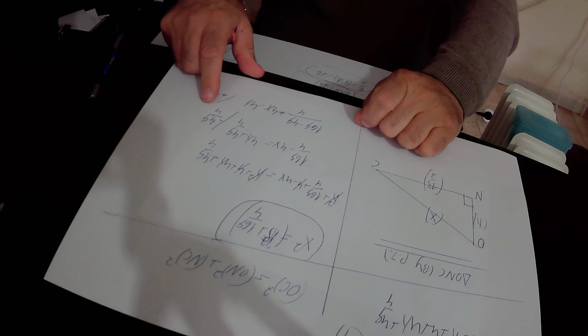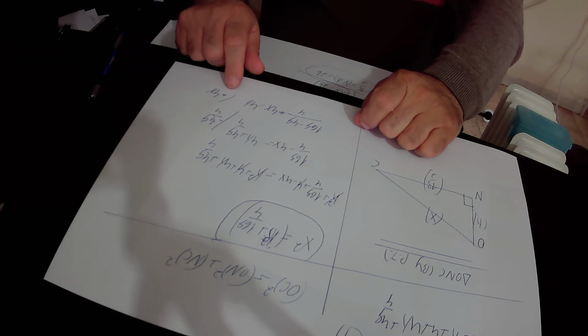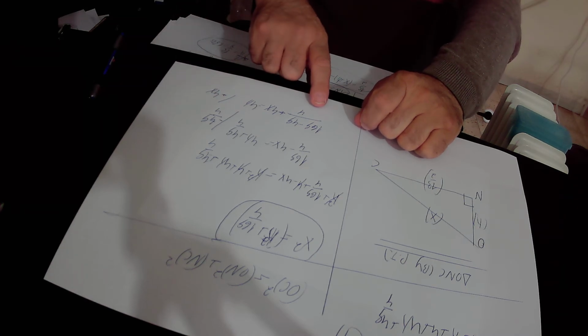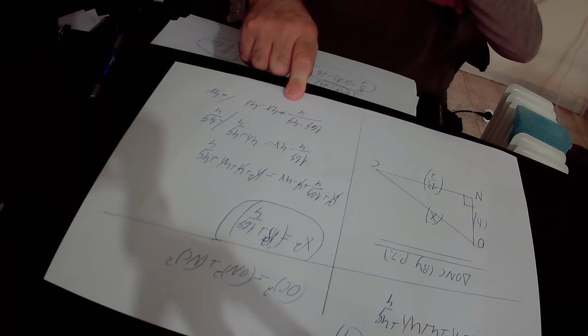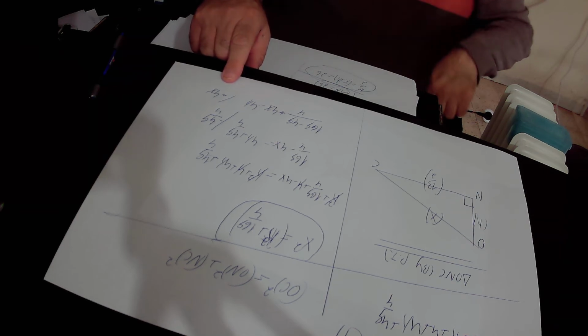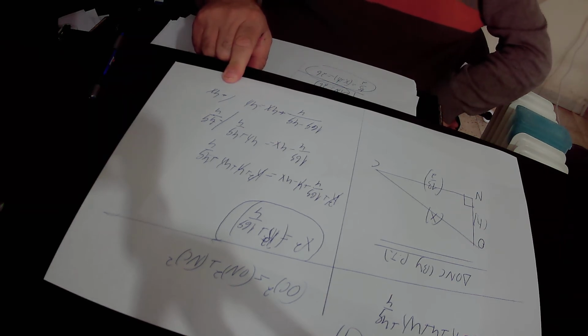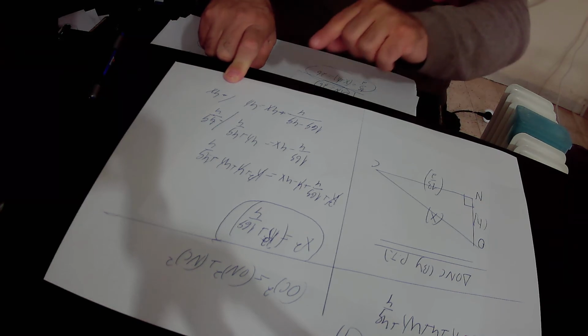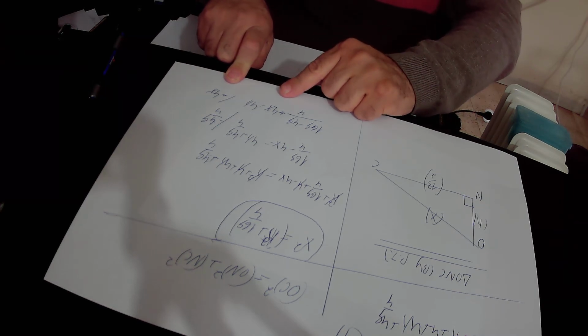We subtracted 49 over 4 from this equation and found out that 169 minus 49 over 4 minus 4x equals 4h.